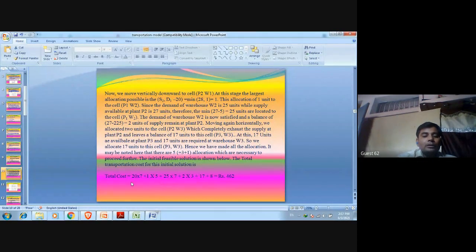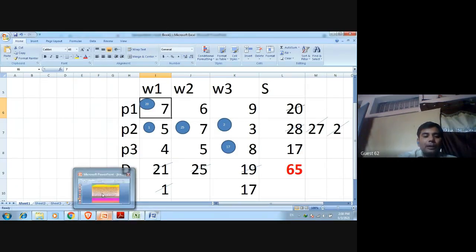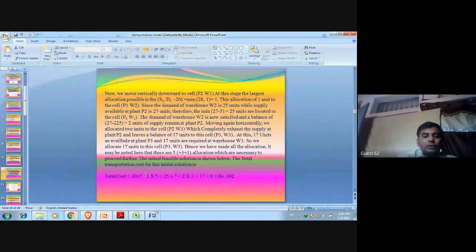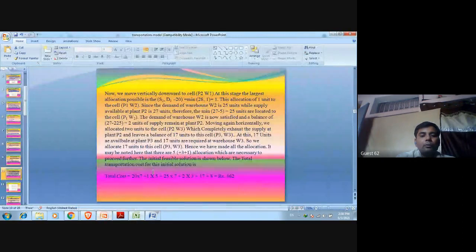How? The units that are allocated will be multiplied by the per unit cost. So look at here. Per unit cost is 7 and units allocated is 20. So 20 into 7. Look at here. 20 into 7 plus the next 1 unit is allocated to this and cost is 5. So 1 into 5.